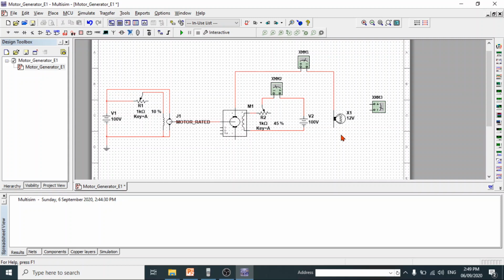Then one end of the generator will be connected to the other end of the lamp, so the voltage generated by this generator will be supplied to the lamp.